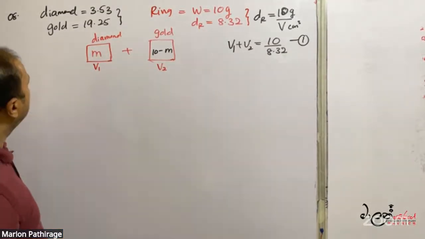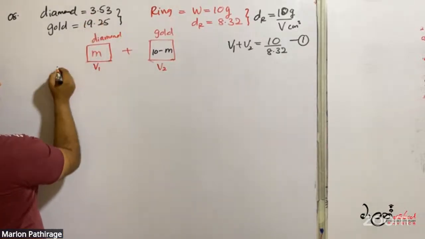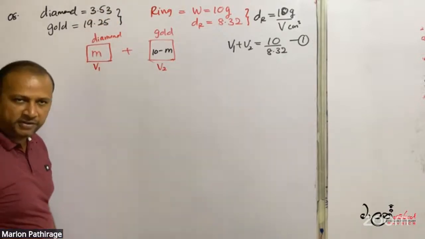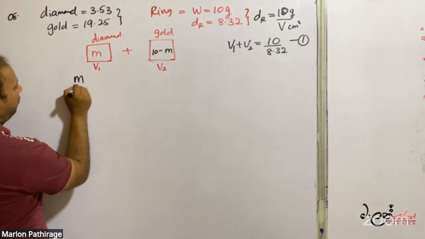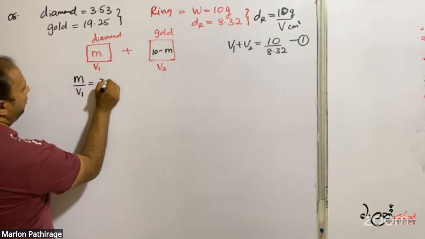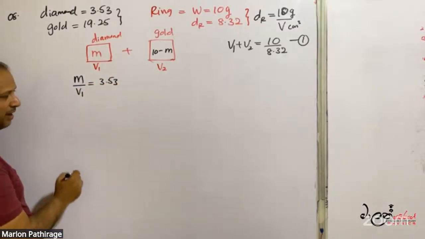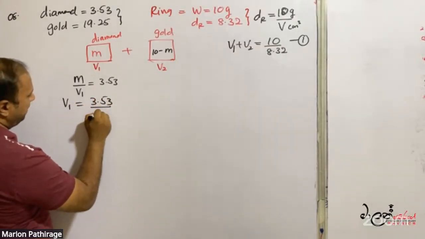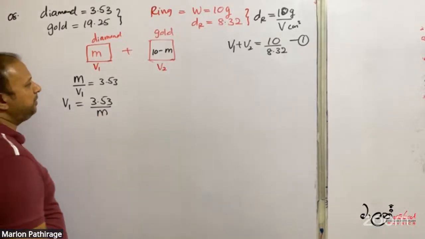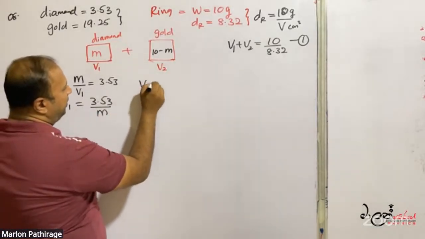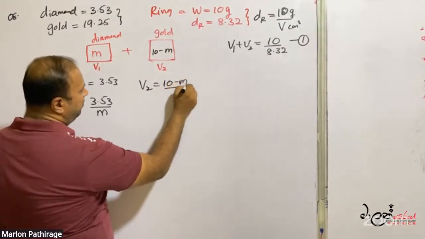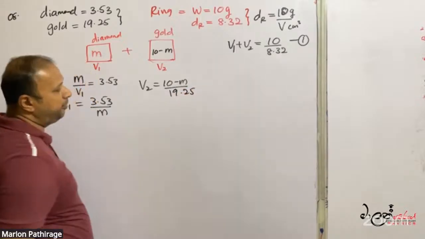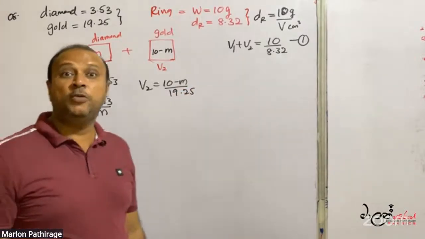V1 plus V2 we again do not know. So you know the specific gravity of this one is 3.53. Therefore, M over V1 is equal to 3.53, so V1 is equal to M over 3.53. Similarly, V2 is equal to (10 minus M) over 19.25, in cubic centimeter.